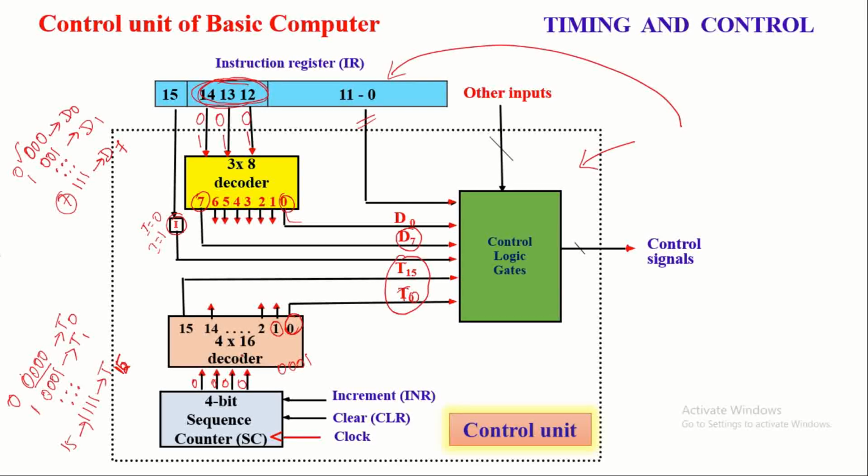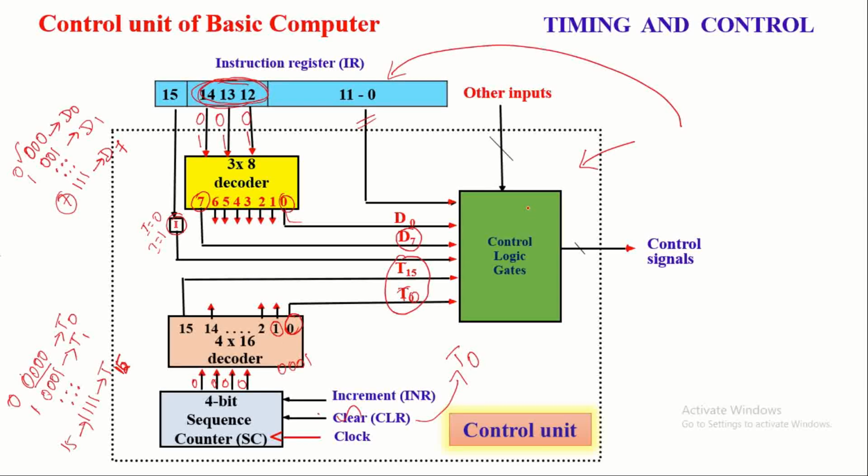Accordingly, for each clock cycle, whenever the 4-bit sequence counter counts the numbers in incremental order, the 4 by 16 decoder also generates the timing signals in incremental order. When the clear input of the 4-bit sequence counter is active, the 4 by 16 decoder will activate the T0 timing signal. So these are the important functionalities of the components of the hardwired control unit.